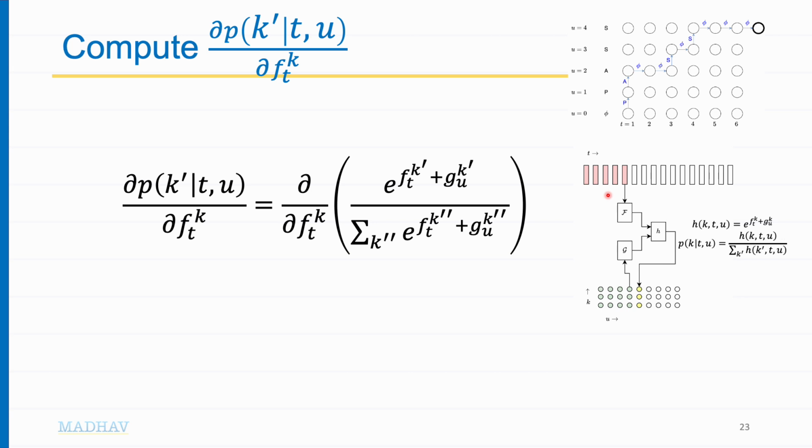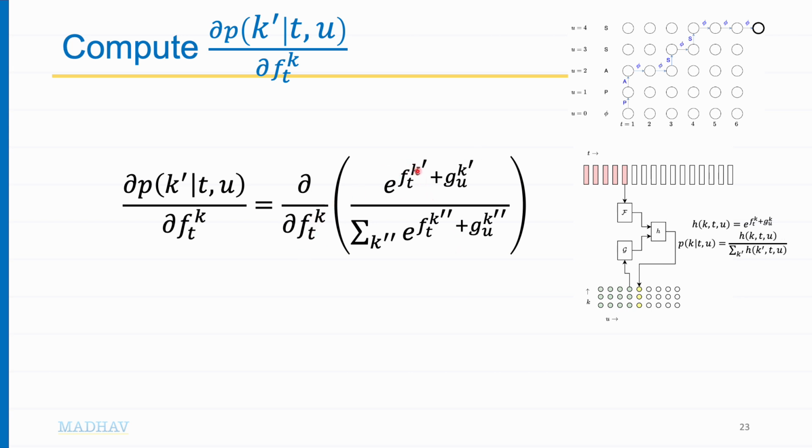Do you agree with this? This term is p_k dash given t comma u. Now see here, I have used k dash here, k double dash here, and k is here. It's important to distinguish between these three k's. Now find the derivative.